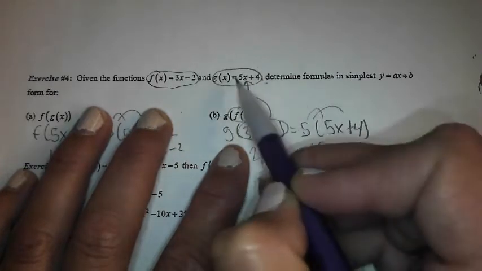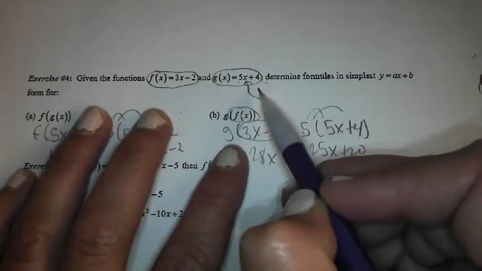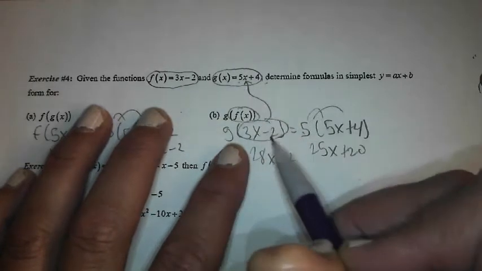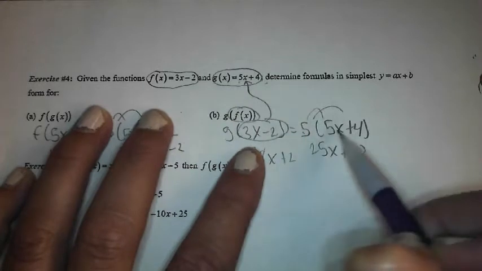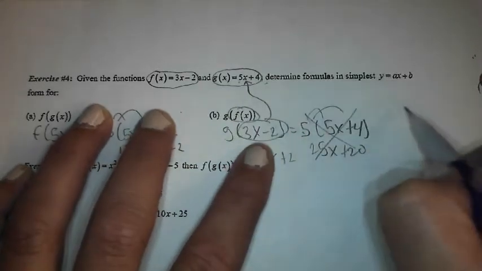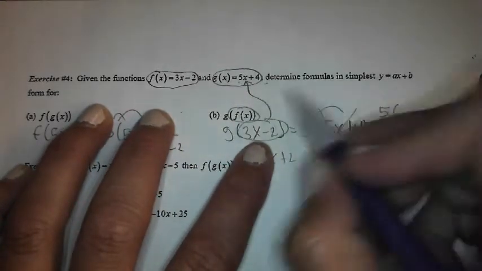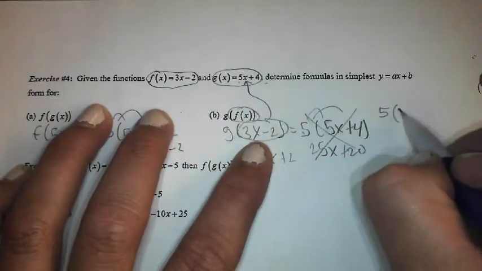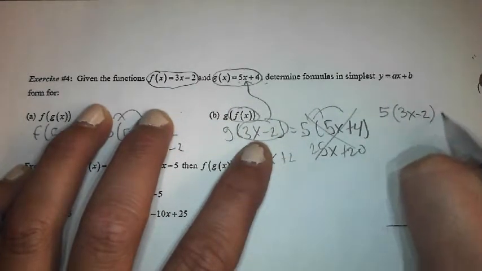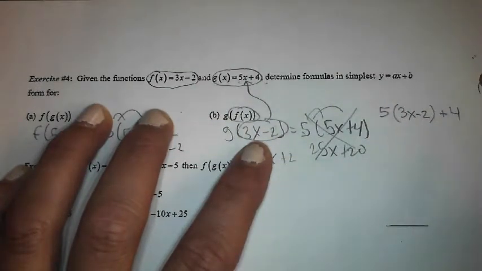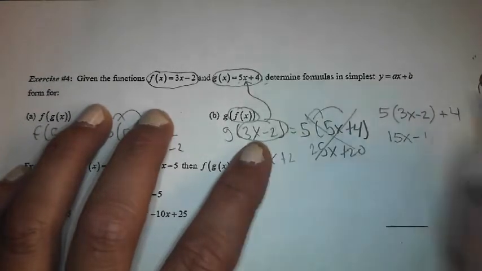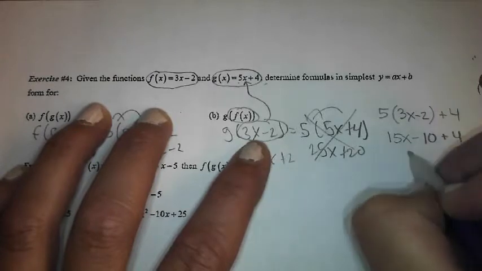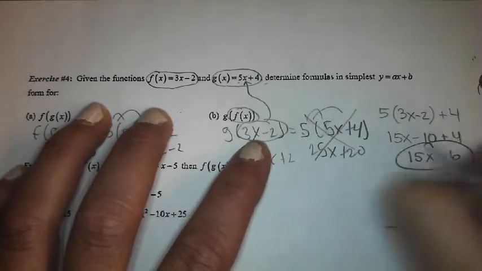You did 5 times itself, okay? So you're taking this g function, you're taking out the x, and you should be plugging in the 3x minus 2. So that would be 5, you're plugging in a 3x minus 2, and then plus 4. Yes? So 15x minus 10 plus 4 is 15x minus 6.